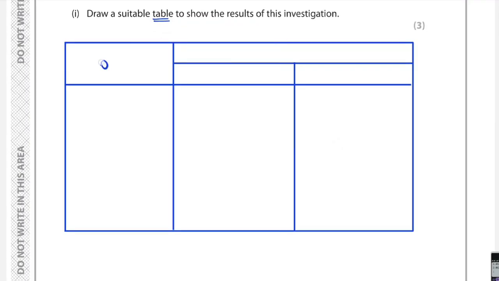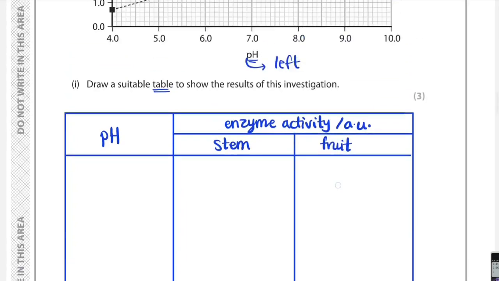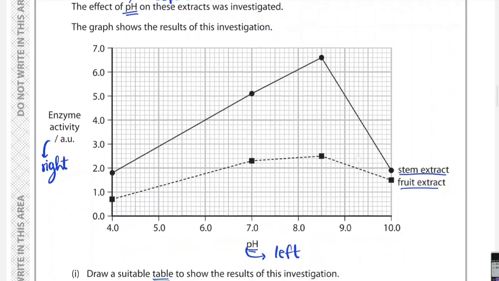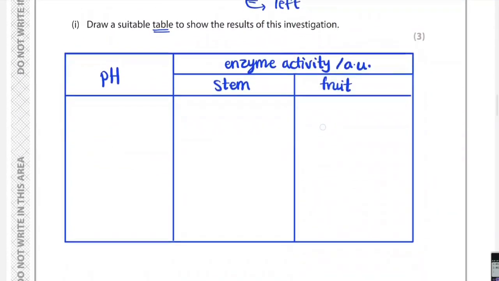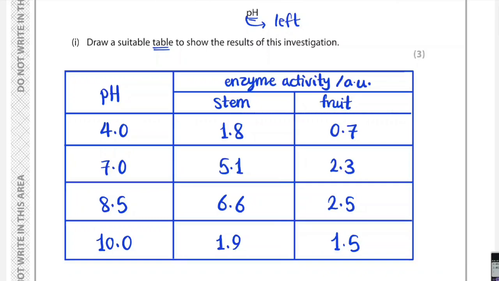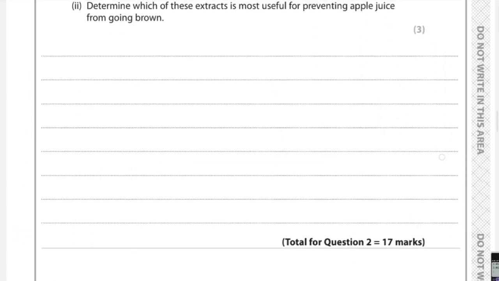The pH goes on the left side and the enzyme activity goes on the right side. Don't forget to add the unit. This is for the stem and this is for the fruit. And I'm going to extract the data from this graph into the table. So this is my final table.